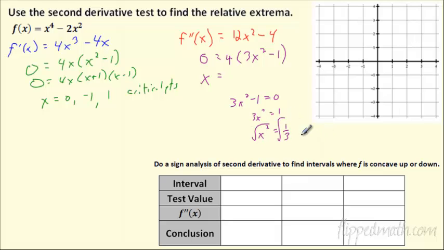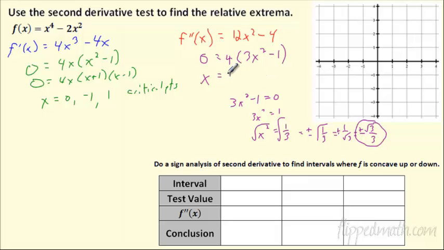Square root of both sides: we're looking at plus or minus the square root of 1 over 3. If I clean that up, the square root of the top is just 1, and the square root of the bottom is radical 3. Can I get rid of the radical on the bottom? Sure, I'll multiply by radical 3 on top and bottom. We get this. Probably okay to leave it like this if you want, but that makes me happier there. We're going to get it all the way down.